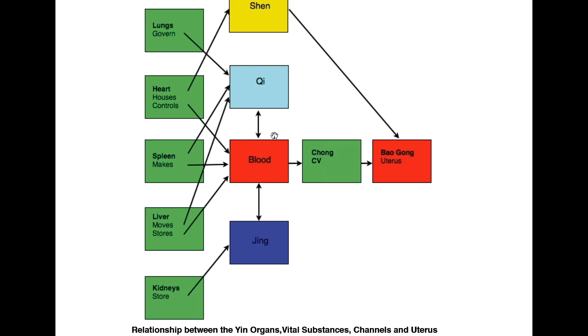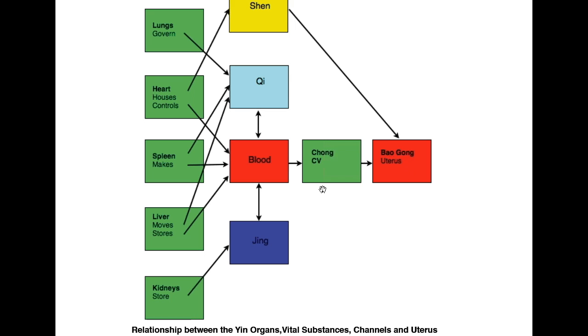Particularly these three all contribute to the Chong vessel, the Chong Mai, and the conception vessel. Those vessels directly connect with the blood and the health of the functioning of the uterus, or Baogong, which is the whole reproductive system.